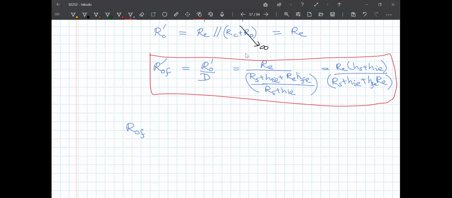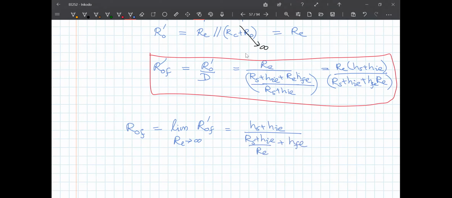That is, if RE is part of the external circuit, not part of the amplifier itself, then I have to make sure that I take the limit of ROF as RE goes to infinity. So this is equal to, then, I divide everything by RE, so this will be Rs plus HIE divided by Rs plus HIE divided by RE plus HFE.